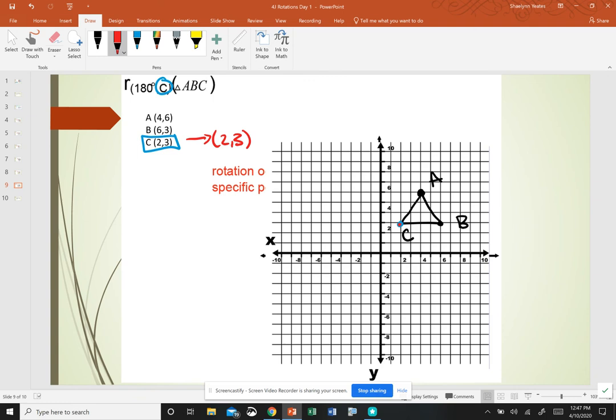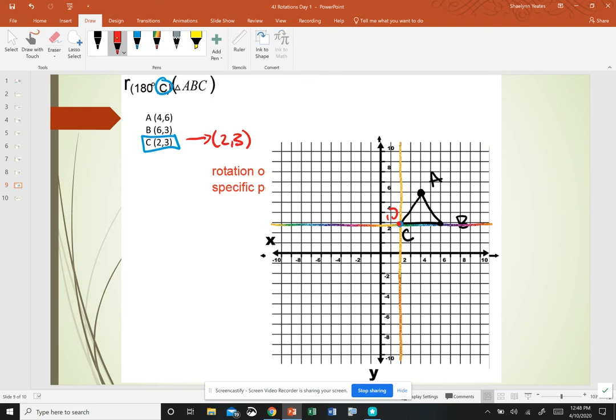Now we're going to rotate 180 degrees, which means here's my new axes. Okay, so we're going to take this and I'm going to flip it 180 degrees. So I'm going to flip it all the way over. So C is going to stay exactly where C is. This is going to be C prime. Then B was originally 1, 2, 3, 4 to the left.